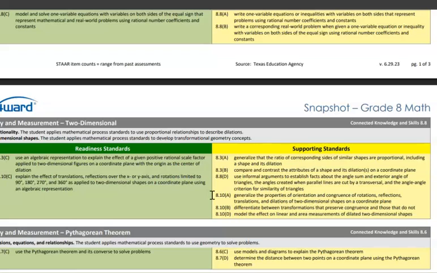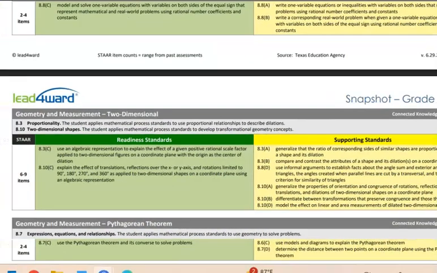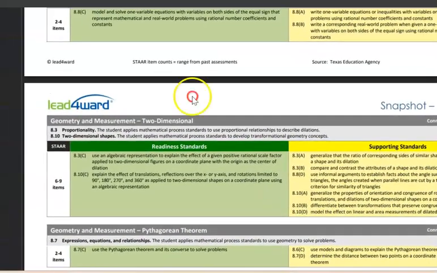We did cover similar figures, and we have talked some about scale factors, but we're not going to go into dilations, although you would in an 8th grade classroom in the state of Texas. And so, you would model the effect on linear and area measurements of dilated two-dimensional shapes. So that is something that you would go into if you were teaching this in the 8th grade in Texas.